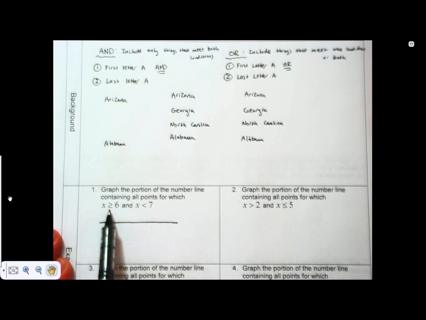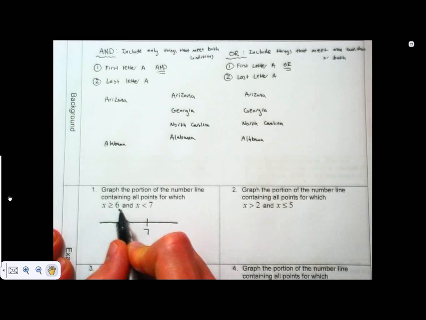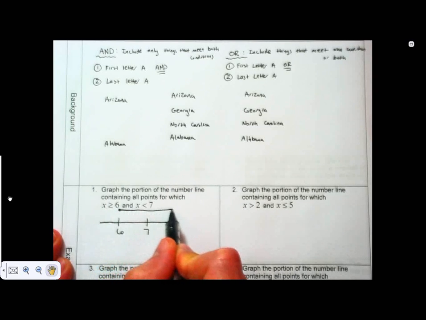So I'm just going to put the numbers 6 and 7 on my number line. Okay, and I have to make sure that I put them in the right order. And if I graph the first one out, x is greater than or equal to 6, that's all of these numbers.